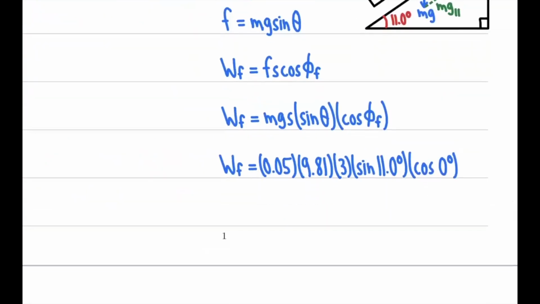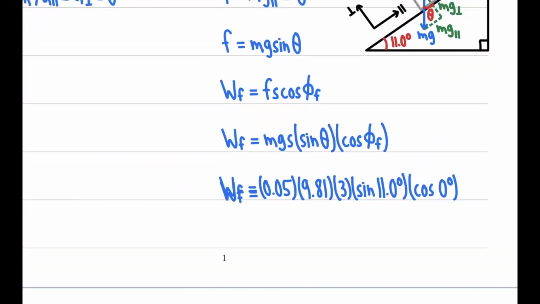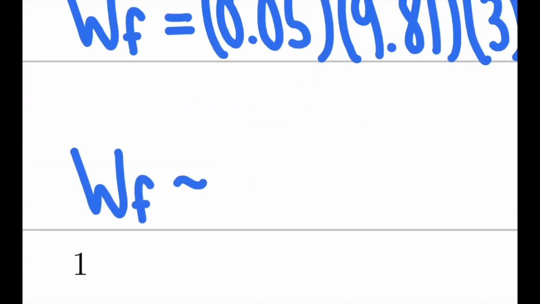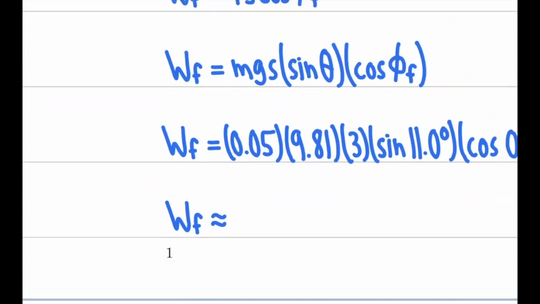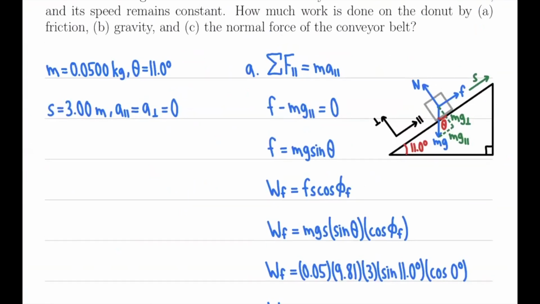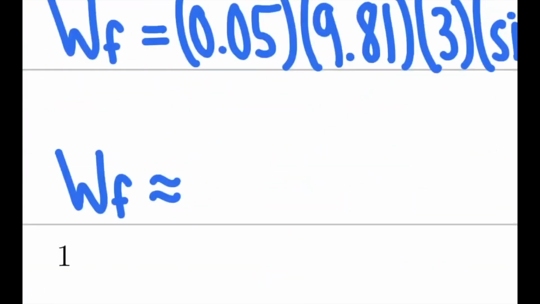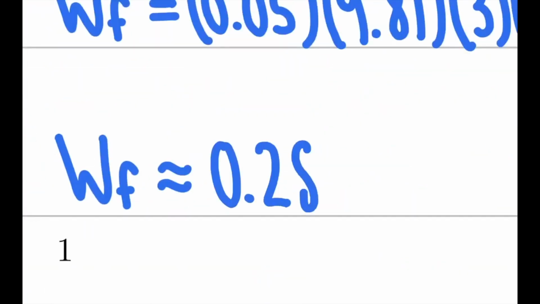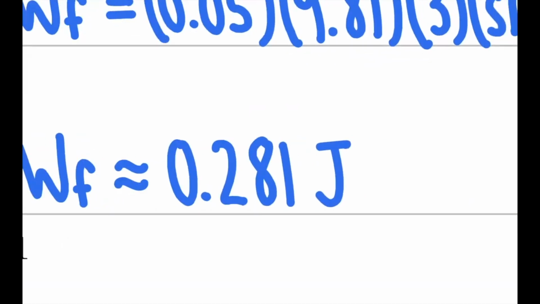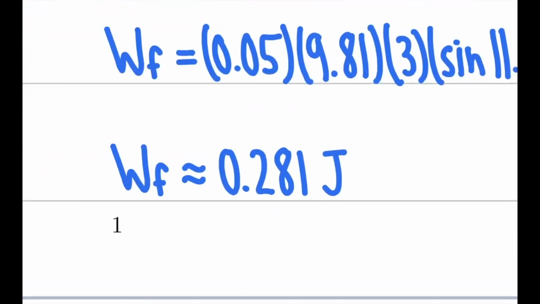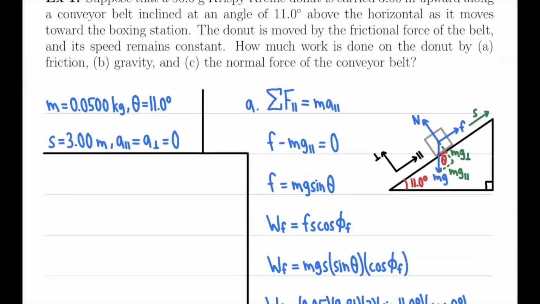As we all know, cosine of 0 is 1. If you put this all in your calculator, you'll get that the work done on the donut by friction is 0.281 joules. Were you careful to use degrees, not radians, on your calculator? Yes, very careful. Okay, so that's part A.